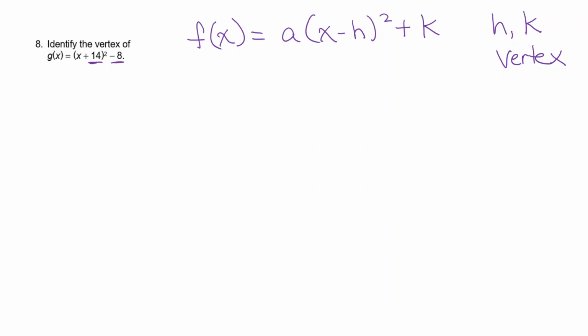K is negative 8. Now, I want you to be really careful because this says plus, but my formula says minus. So whatever is inside here is going to be the opposite. We want to know what would make this whole thing 0. And actually, negative 14 would make that whole thing 0. And when x is negative 14, then y would be negative 8. So there is your answer.